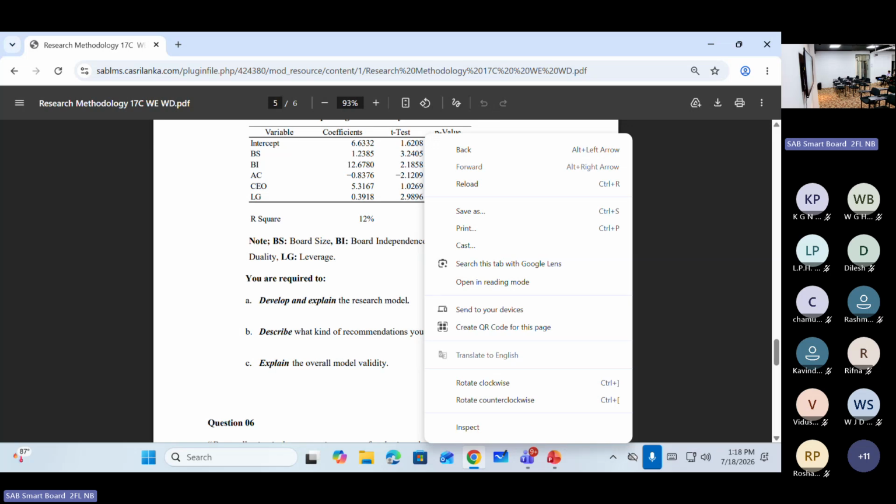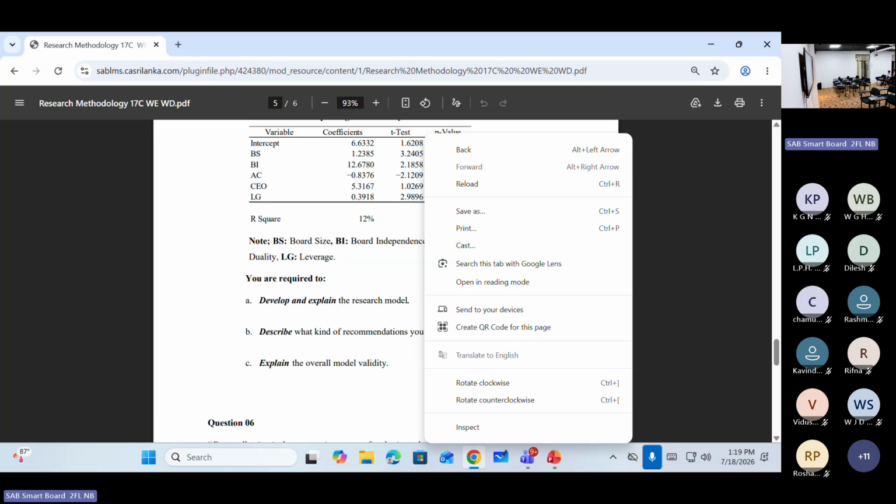We are not doing the calculation. For the research, we are not calculating ANOVA and ANCOVA and all. What we are doing, we are interpreting. Asking whether it has conducted an interpretation part.